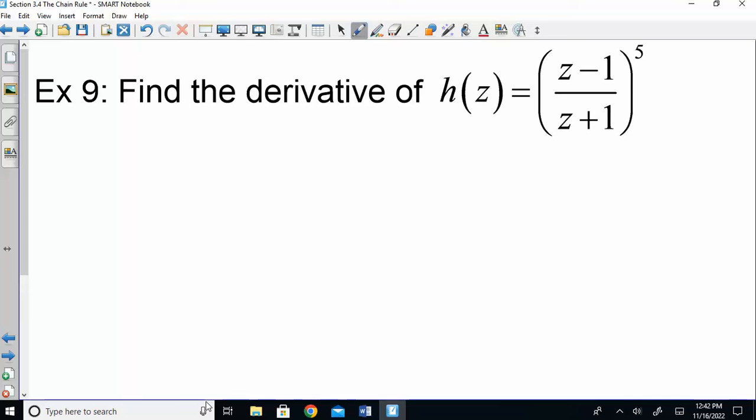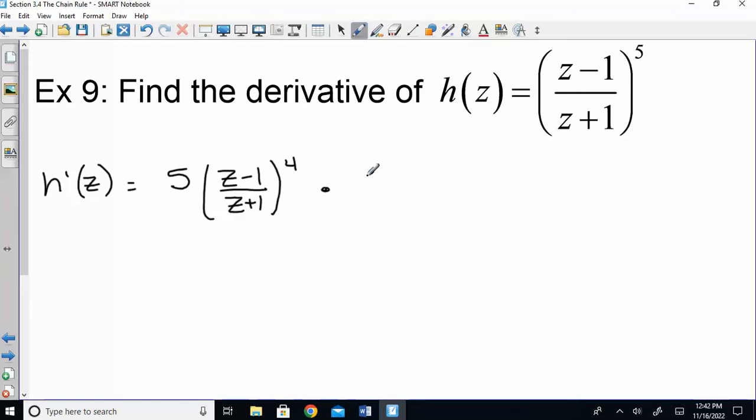You'd have to put the 5 in front of it and then do quotient rule inside for the derivative part. So the 5 comes down, inside stays the same, subtract 1 from the power, so it's now to the 4th, times derivative of the inside. So for the derivative of the inside, we have to do quotient rule.